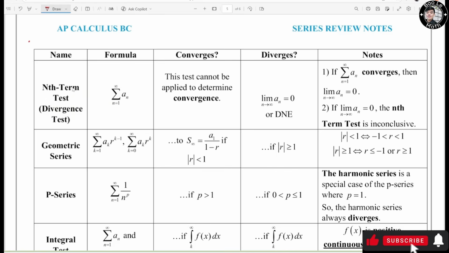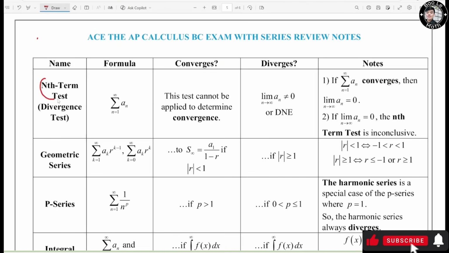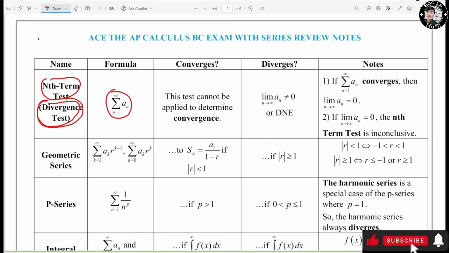So here's the table of the 8 series tests that will be tested on the AP Calculus BC exam. The first one is the n-th term test. Another name for the n-th term test is the divergence test. The formula is going to be the series a sub n. This test cannot be applied to determine convergence. The series a sub n diverges when the limit of a sub n as n approaches infinity is not equal to 0 or does not exist.